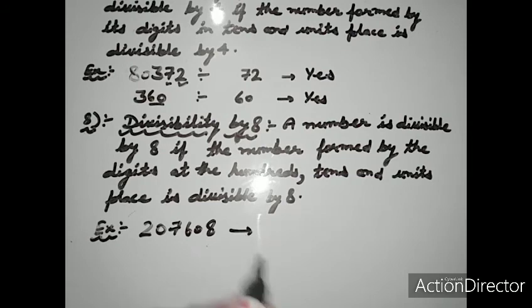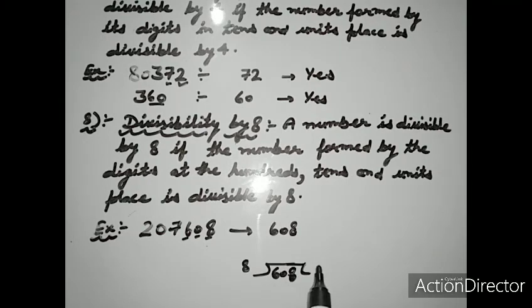Now here the example, the number is 2,07,608, and the digits in units, tens and hundreds place are 6, 8 and 0, and the number formed by these three digits is 608, and 608 is divisible by 8. Okay, 8 sevens are 56 here, 4 is left here, right?